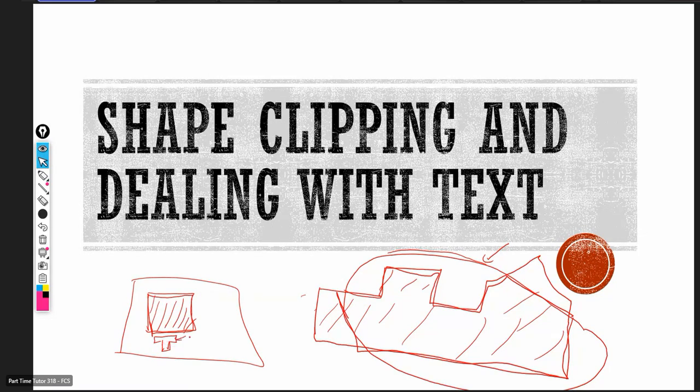From the text we can get the outline, and we can make a shape by using this outline. Once we convert the text to a shape, we can do the same thing: use this text to clip the image or to clip the shape that we have. So this is basically what we see in today's class.